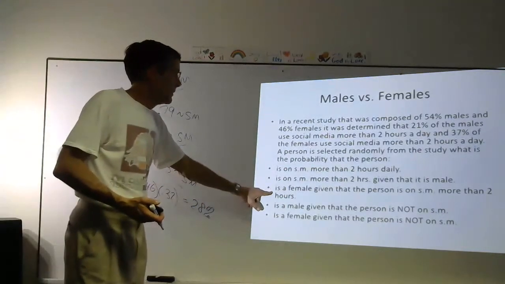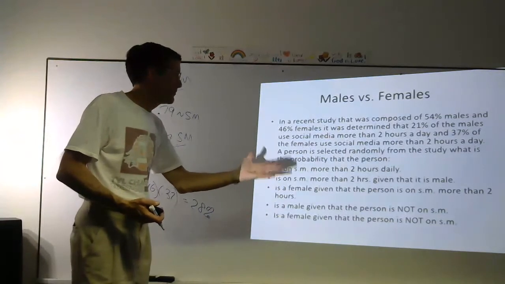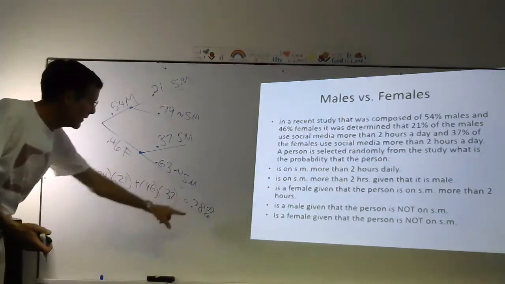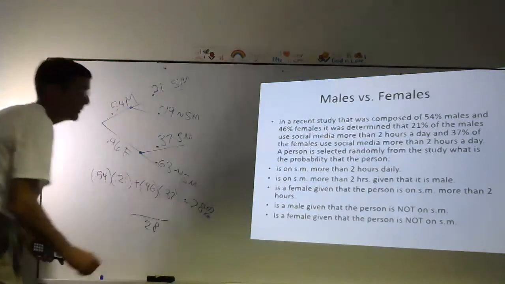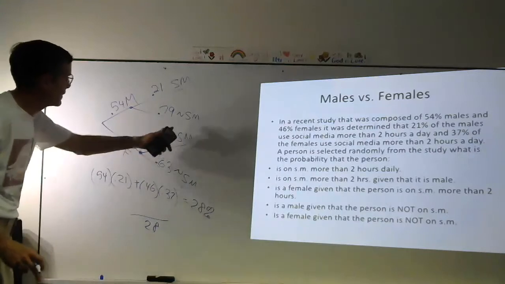Number 3, what's the probability someone is a female given that the person is on social media more than 2 hours? Here's the total sample space. This is all the people on social media more than 2 hours, 0.28. What's the probability they're a female? How did we get the female?